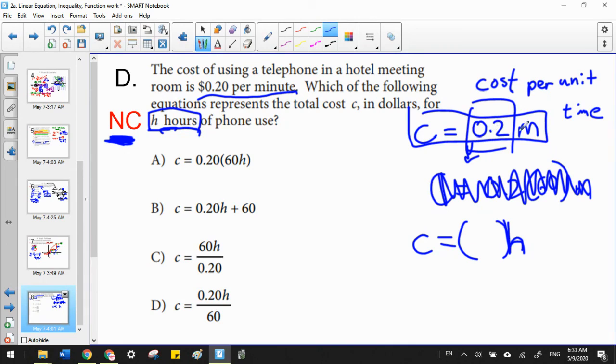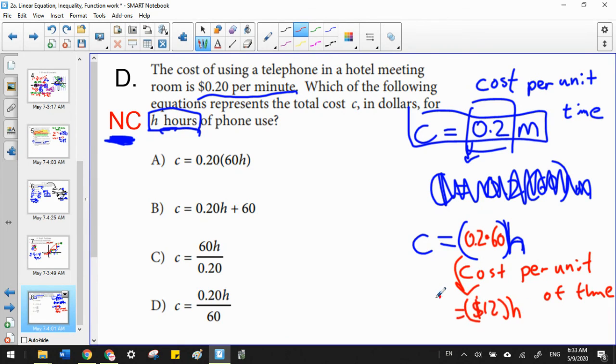So if I know that it costs 20 cents per minute, the way I would represent the cost per unit of time as a slope over here would be, okay, it's going an hour now, so I would have to take that 0.2 and multiply by 60 minutes, so that it ends up being $12 per hour, which would make sense because that's what 0.2 times 60 is.